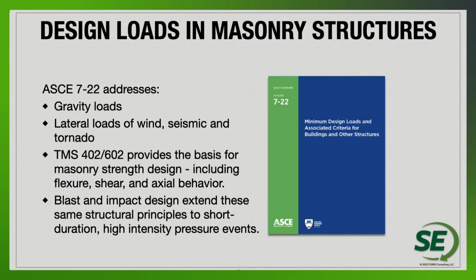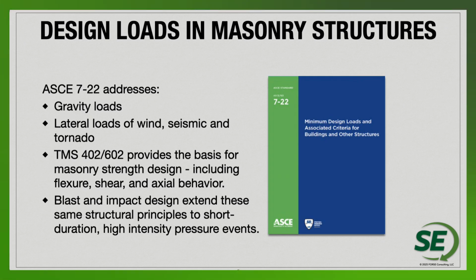The first thing we want to look at is the minimum design loads. ASCE 7 is going to give us guidance for how to design masonry for gravity loads, and then lateral loads: wind, seismic, and tornado loads. TMS, The Masonry Society, is going to give us the basis for masonry design for flexural, shear, bending, and axial capacities.